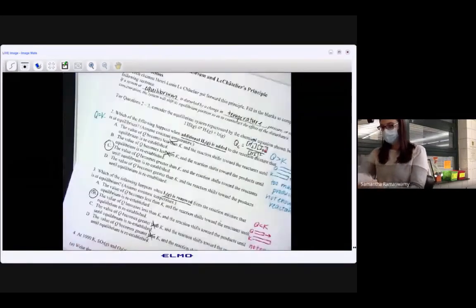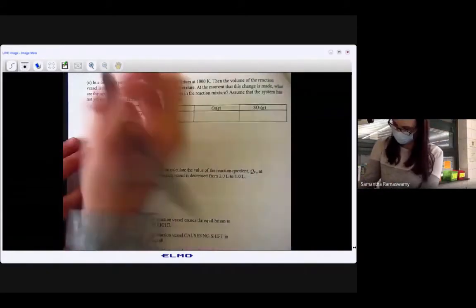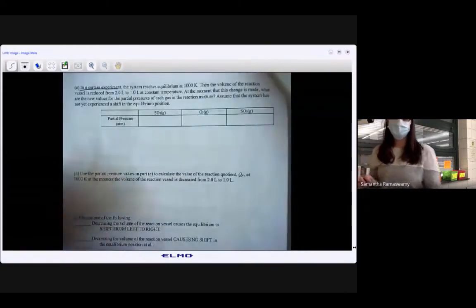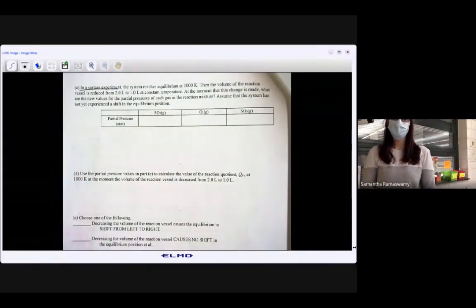All right, so now part C, we need to think back to gases. It says in a certain experiment, we don't know where we are, but the system reaches equilibrium at 1000 Kelvin. So we know we're at equilibrium.